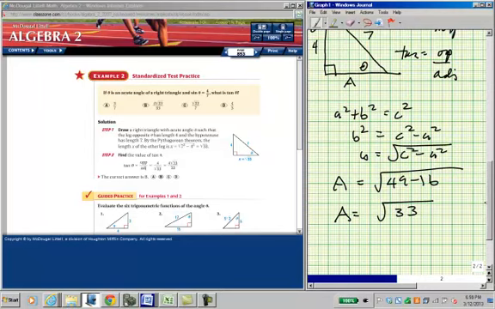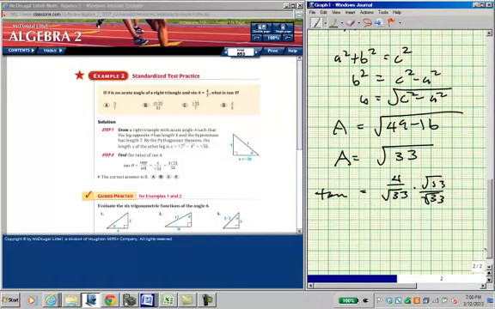Okay, so the tangent is opposite over adjacent, so the tan is going to equal 4 over root 33, which we have to rationalize, multiply the top and the bottom by root 33, and it equals 4 root 33 over 33. 4 and 33 have no common factors, so this is the answer.